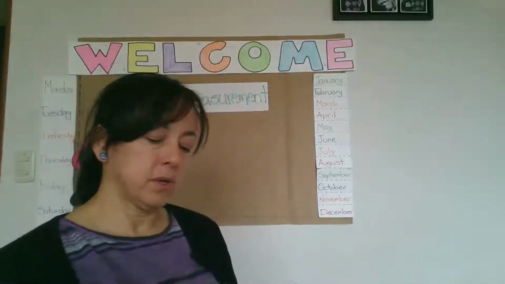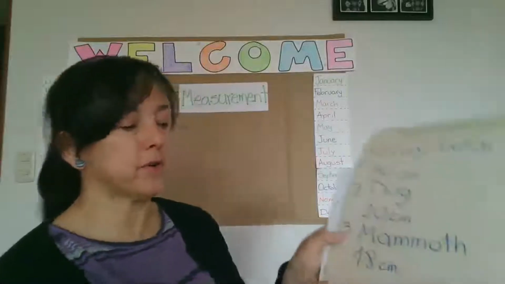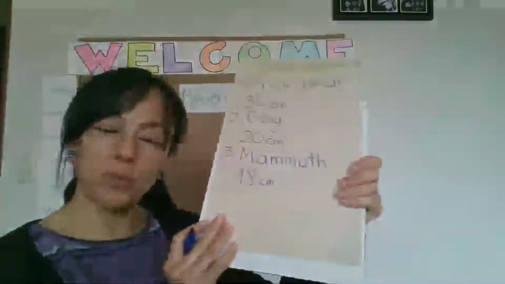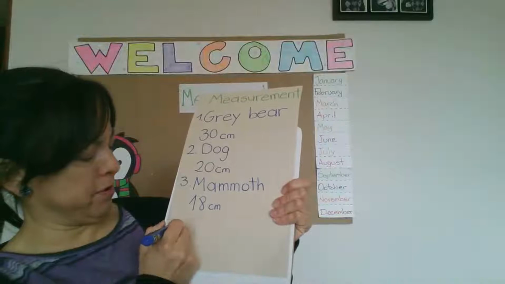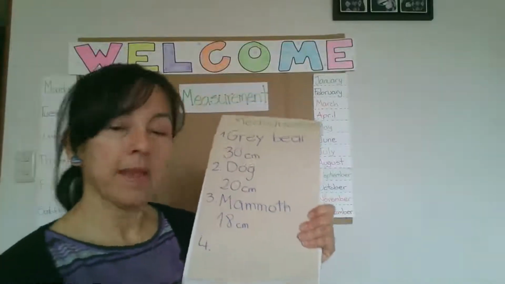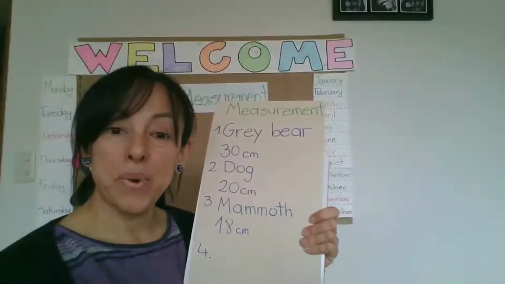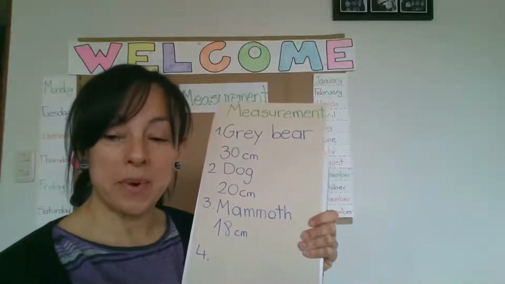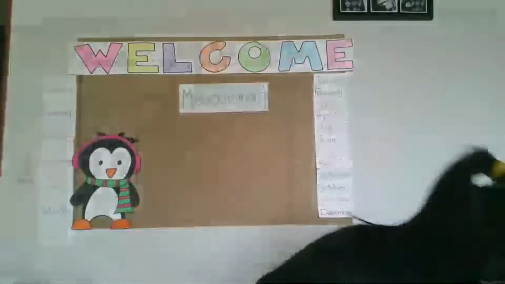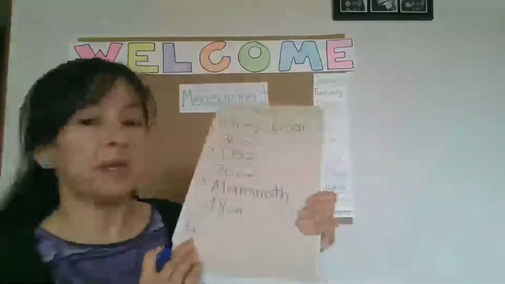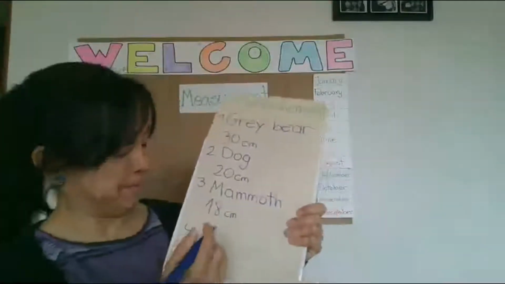Okay, so let's write number 4. In the notebook, let's write number 4. We are going to write brown bear. Brown bear. So we begin with capital letter B, brown.